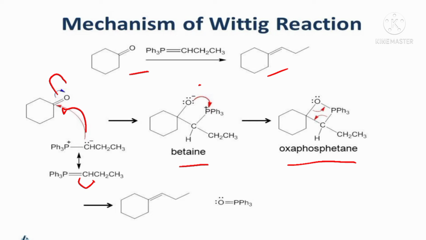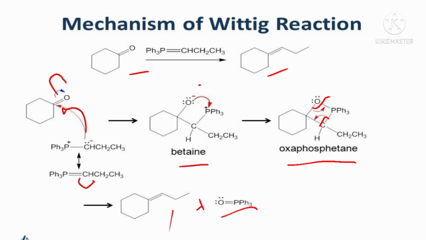The 4-membered ring has strain, so it releases this strain. Elimination takes place to form the alkene, which is the final product, and a byproduct is formed, triphenylphosphine oxide.